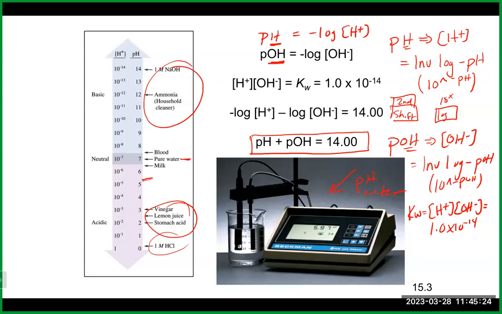It really measures the H+ concentration that's floating around in that beaker. In reality, what it measures is the voltage. You tell it this is a pH of 7, this is a pH of 10, this is a pH of 4, and then it makes a calibration curve and figures out, by the voltage when it's stuck into your solution, what the pH would be after you calibrate it.